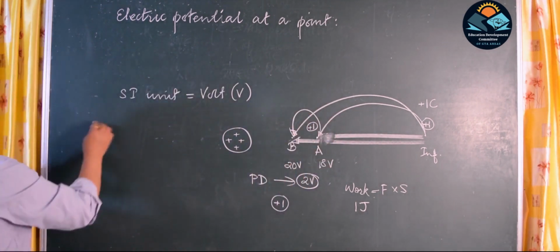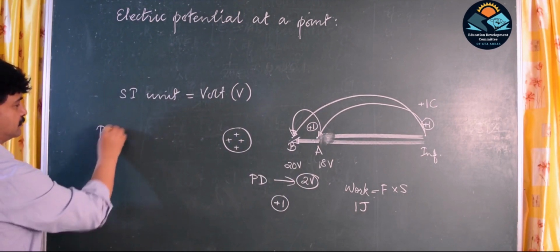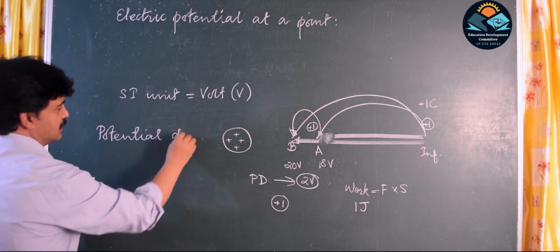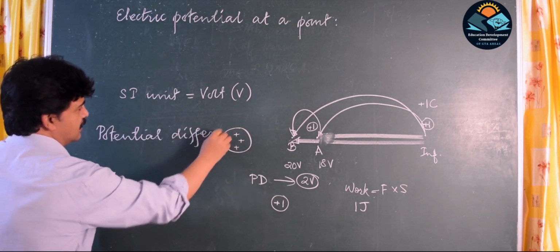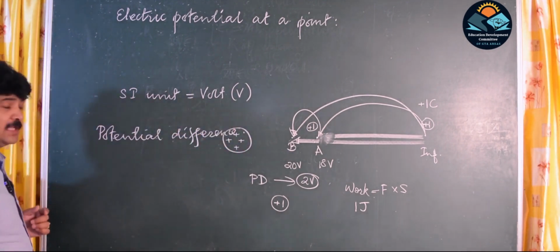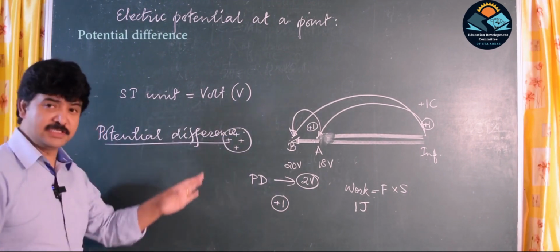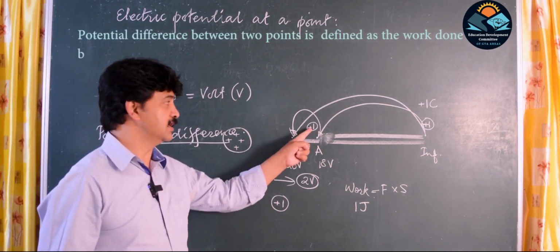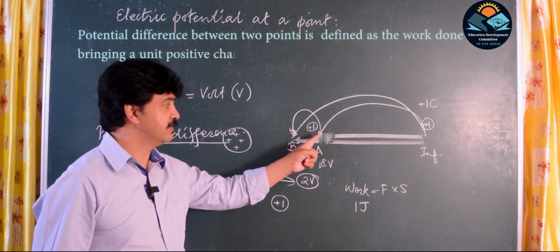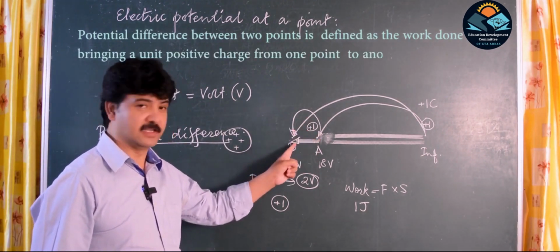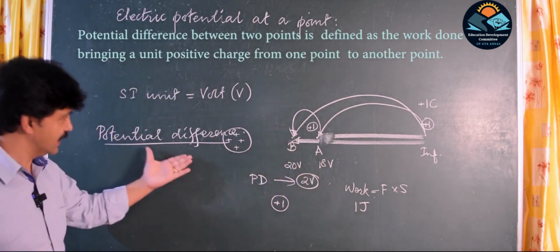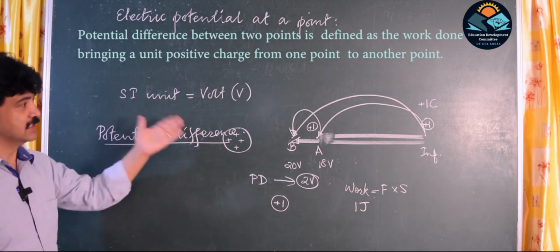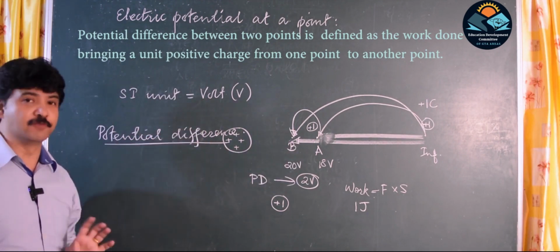That's why the next topic is potential difference. Now, potential difference between 2 points is what? It is the work done in bringing a unit positive charge from one point to another point, and it has the same unit as the potential at a point. So its SI unit is also the same, that is volt.